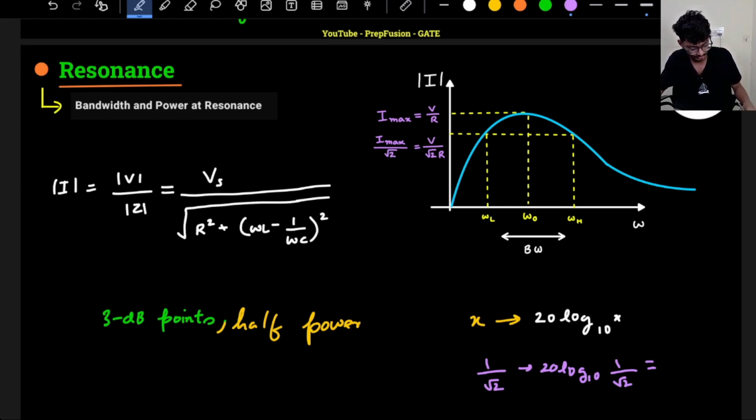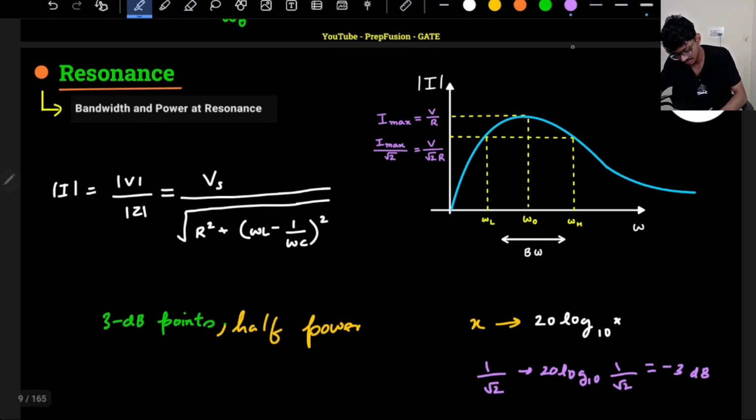So if I do it in front of you, 20 log of 1 by root 2, it is minus 3 dB approximately. Why is it minus 3 dB? Because it is 3 dB down from the peak. 3 decibel down from the peak.